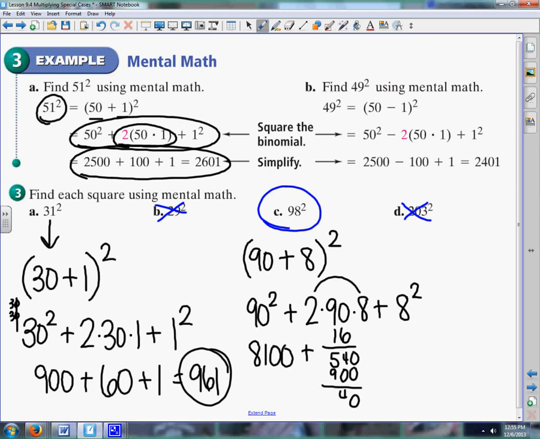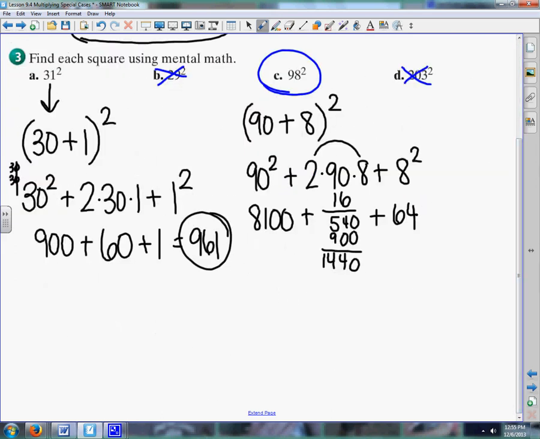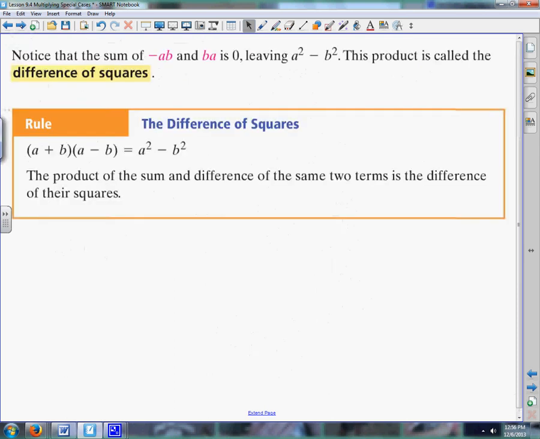So that is 1440 plus 64. So then I get 8100 plus 1440 plus 64. And then I add these together, and then I get 9,604. It probably would have been easier to do the 100 minus 2. You wouldn't have had to do so much long multiplication.